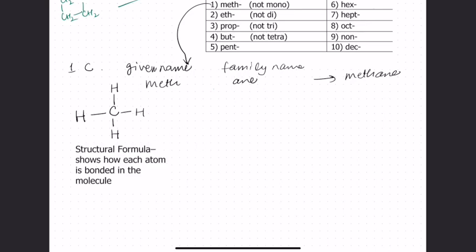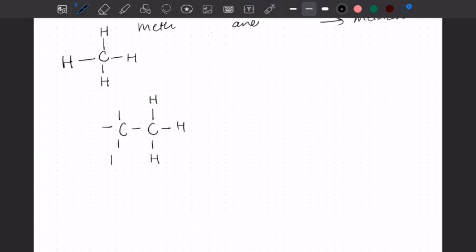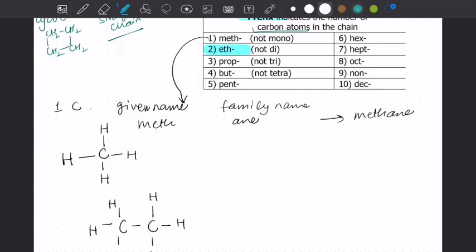So let us look at the second member of the alkane series. You would have 2 carbon atoms, each with 4 bond capacity. Fill up as many hydrogens as you can, and it ends up being 6 hydrogens. The thing to keep in mind is that in organic chemistry, unlike in inorganic chemistry, 2 does not become di, but in fact becomes eth.